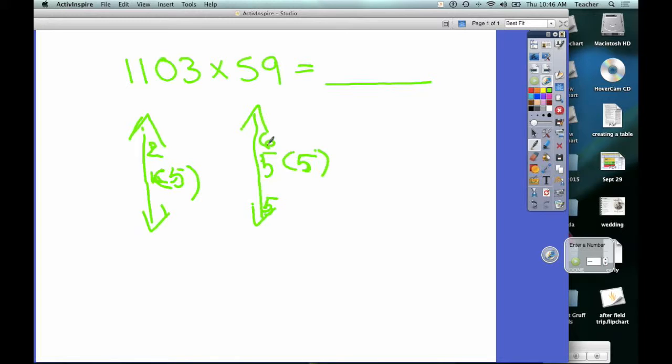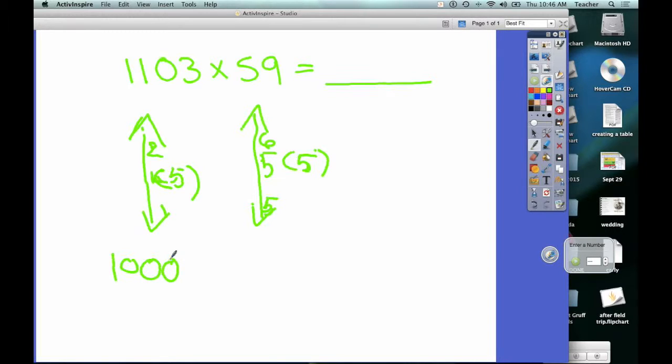And then we come over here. Let's see if the 1 is less than 5 or greater than 5. So the 1's less than 5, so it just stays the same. So it will become that number.